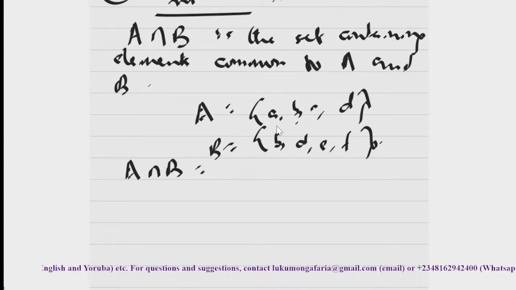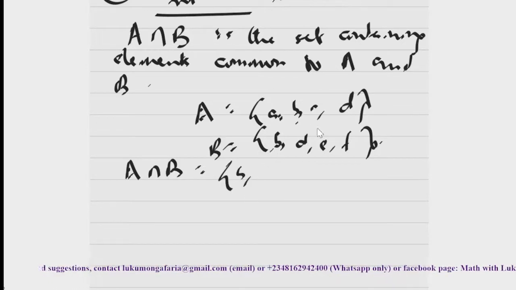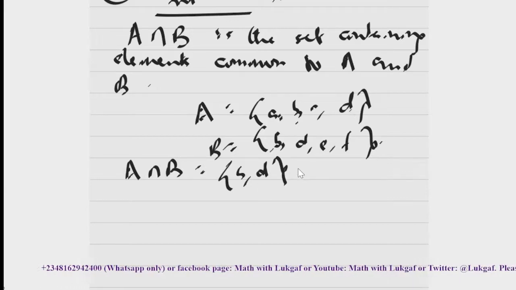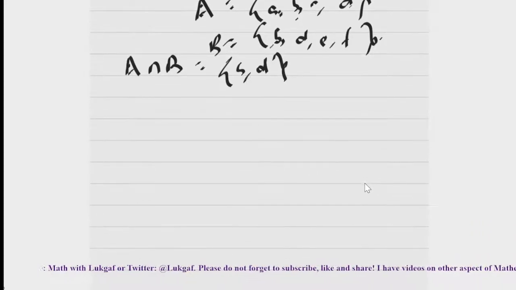What are the elements common to A and B? B is here, B is here, so you write it. A is not here, so you are not going to write it. C is not here. D is here, D is also here. So when you have the collection of elements common to A and B, then you have the intersection of a set. And algebraically, you can also describe it as what?